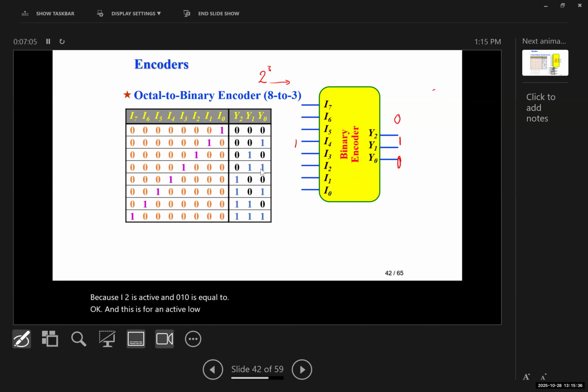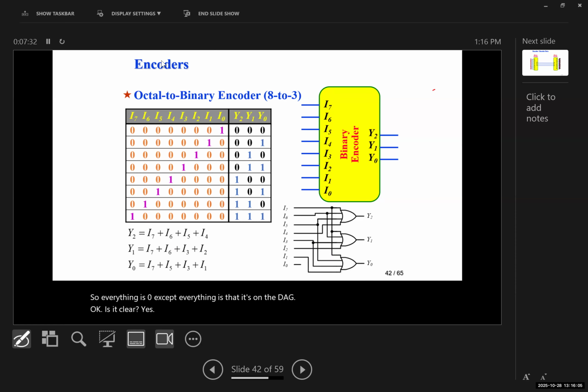In active low, all of the zeros are ones and all of the ones are zeros. And you can easily just memorize this. So everything is 0 except what's on the diagonal. Okay, is it clear? Yes.